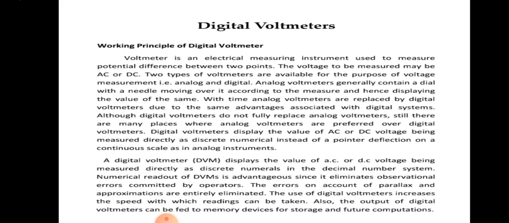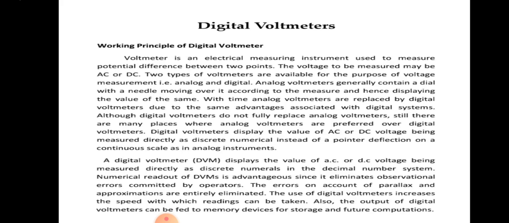Analog voltmeters generally contain a dial with a needle moving over it according to the measured value and hence displaying the value. With time, analog voltmeters are being replaced by digital voltmeters due to the advantages associated with digital systems.